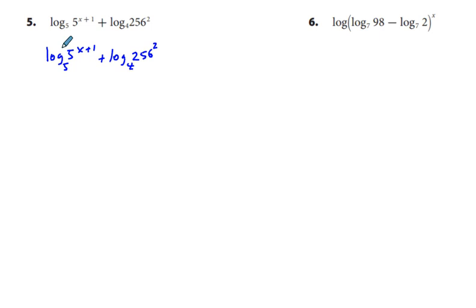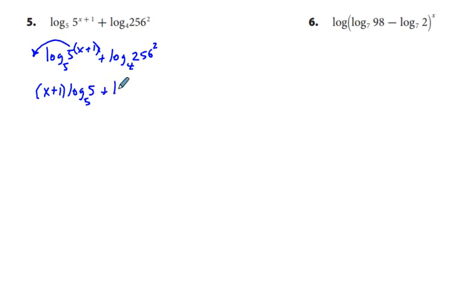For this first one, the log of base 5 and 5 will cancel each other out to leave us with x plus 1. A better way to articulate that is to take the power property of logarithms and move this out front, so this first logarithm is equal to x plus 1 times log base 5 of 5.